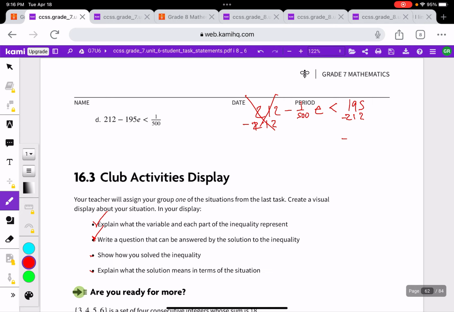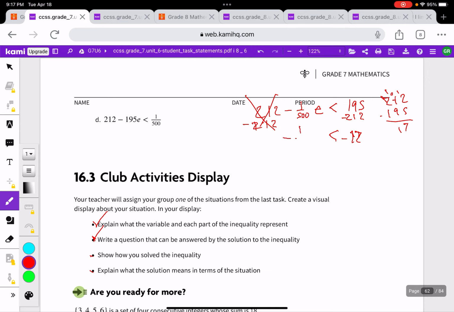What is it? 195, that would take 5 to get to 200, plus another, that'd be negative 17. Let's just do this old-fashioned way. I got to do 212 minus 195. Take the bigger one minus the other, and I know it's going to be negative. I'm going to have to borrow, 2 minus 5, 12. That's 7. 17. Negative 17. And that's going to be that.